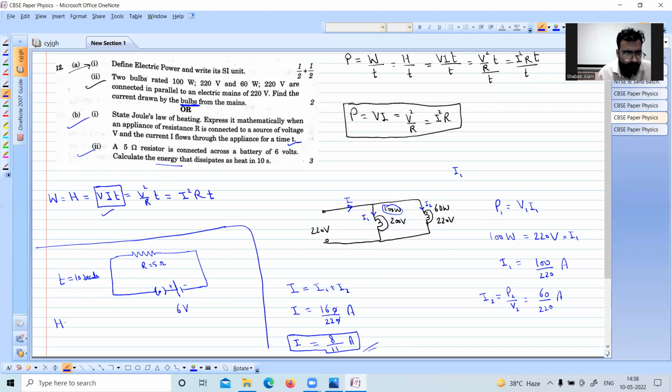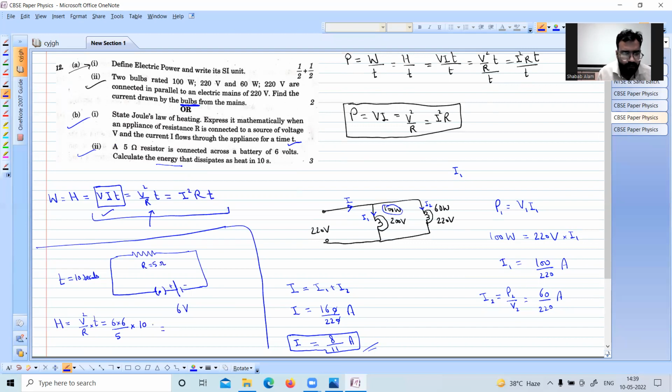If I talk about the formulas written, we can use this. Now we do not need to find the value of current. We can directly use this second formula because potential difference and resistance are already given. So we will use the formula V square upon R into t. So V square is 6 into 6 divided by 5, into the time which is 10 seconds.